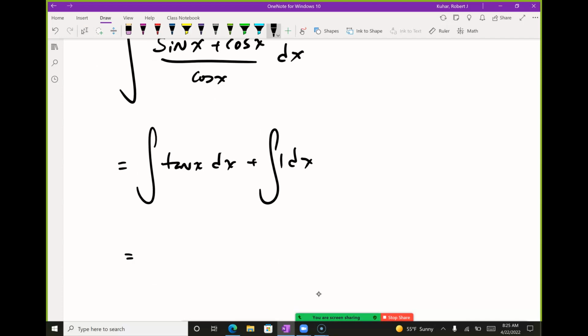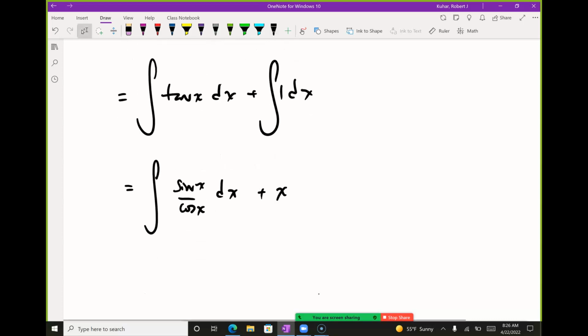The integral of tangent is just like when we did the derivative of tangent, right? We want to really be thinking of sine x over cos x. So when I did that divide and conquer, I probably didn't need to change it into tangent, right? Now I did one integral here.